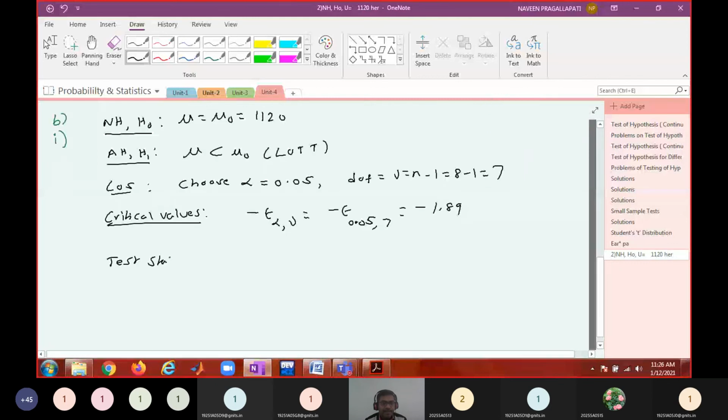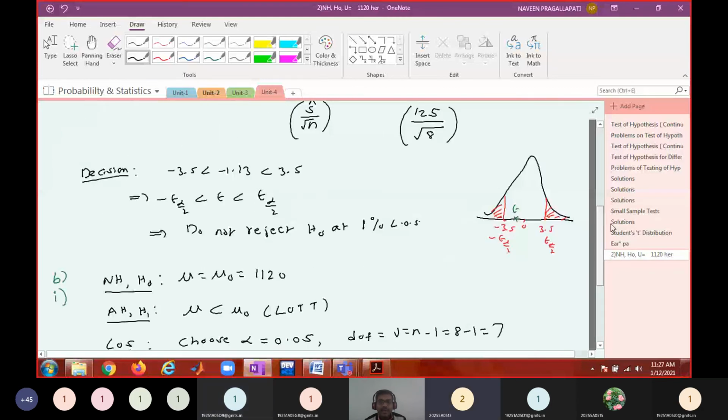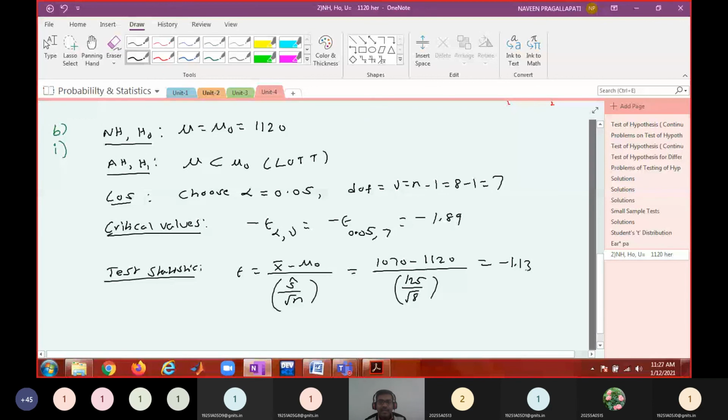The test statistic is going to be the same: t equal to x bar minus mu naught by s by root n. So this is 1070 minus 1120 divided by 125 by root 8, equal to minus 1.13.